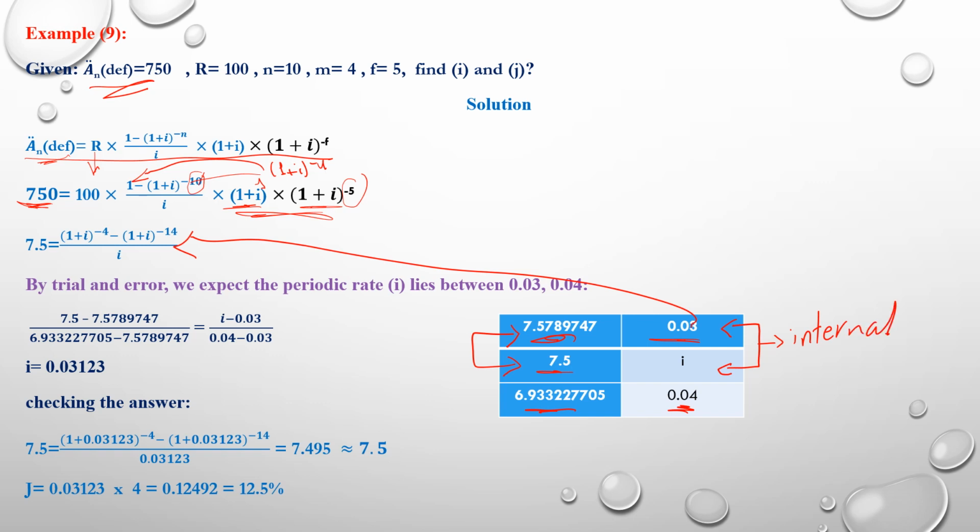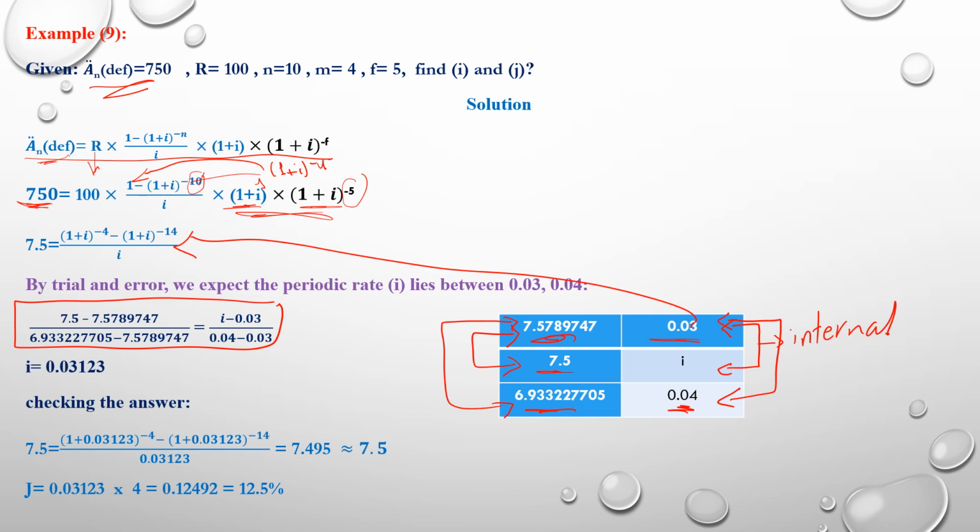And this difference over the external amounts, which are 6.9 minus 7.5 and 4% minus 3%, and we can see this in this relation.